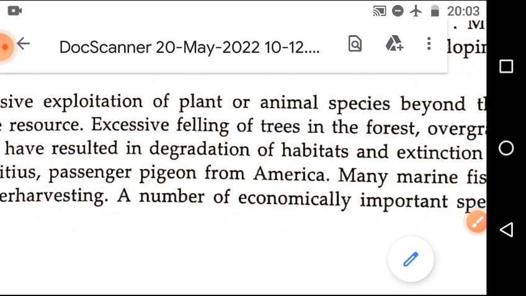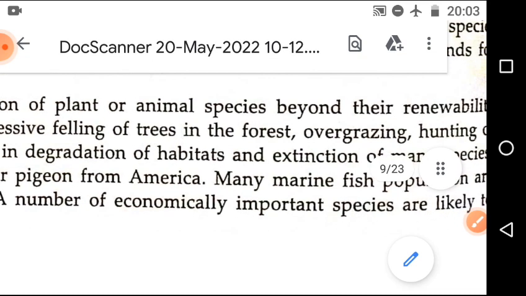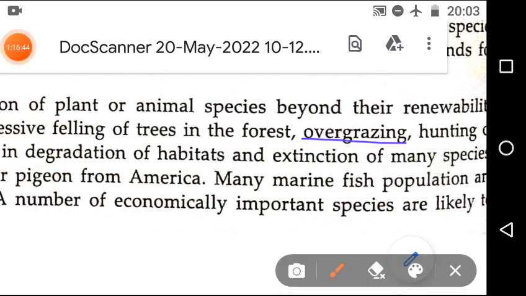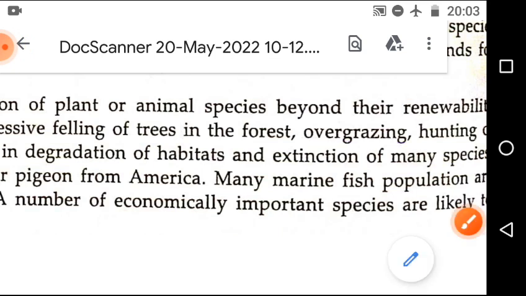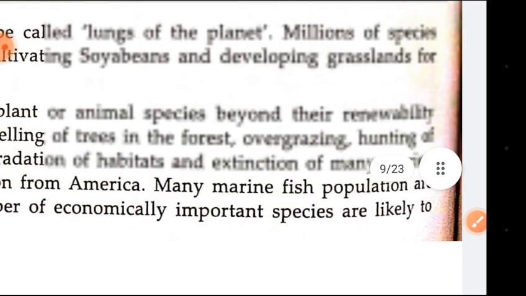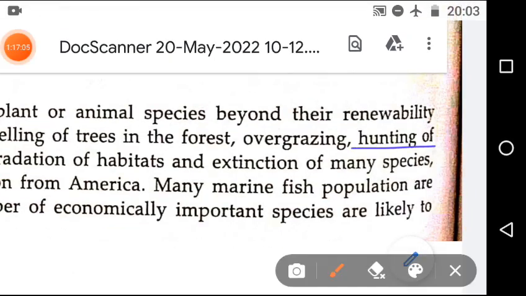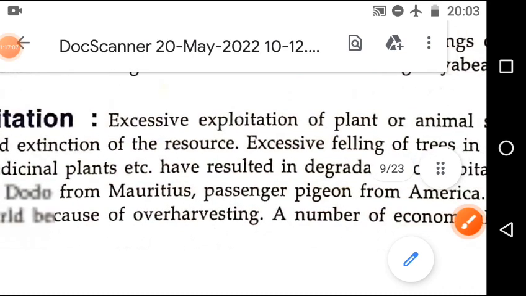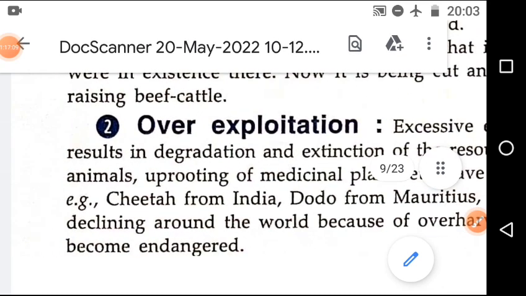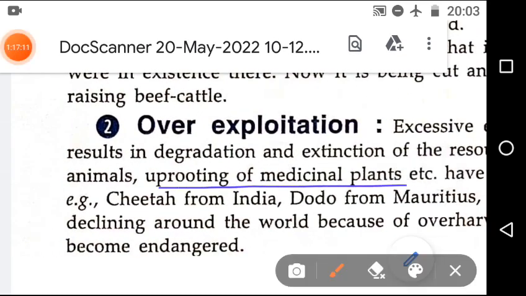Then overgrazing: due to using too many grazing animals for milk and meat, overgrazing also leads to erosion of the soil. Then hunting of animals. Then uprooting of plants of medicinal importance.